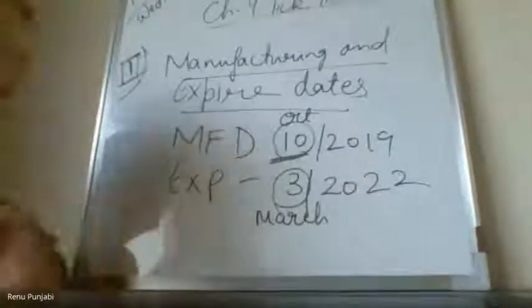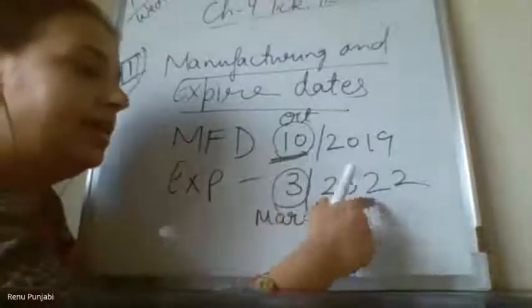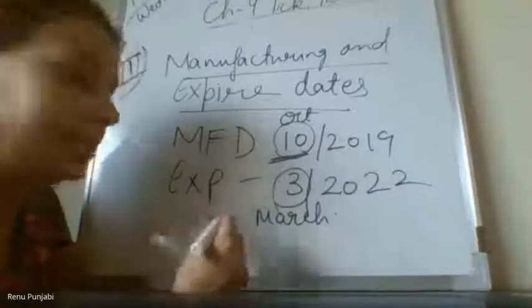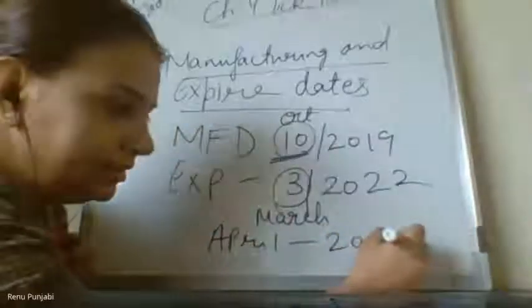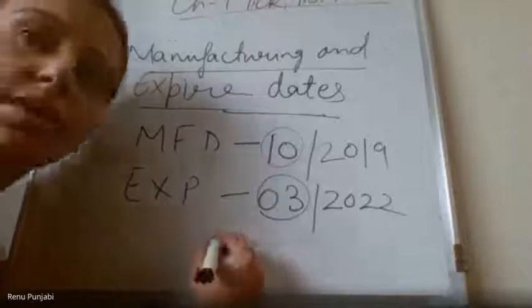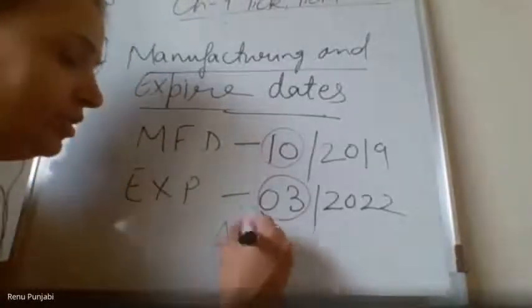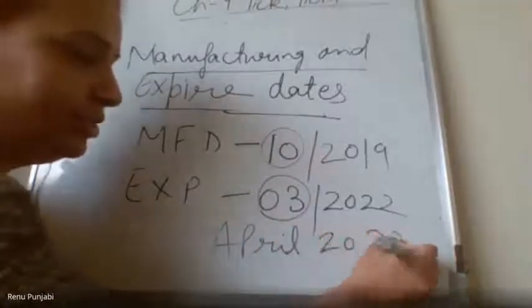So now my question was, the March 2022 is the expiry date. Can I use it in April 2022?